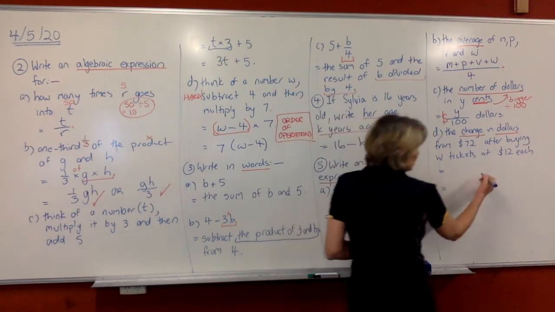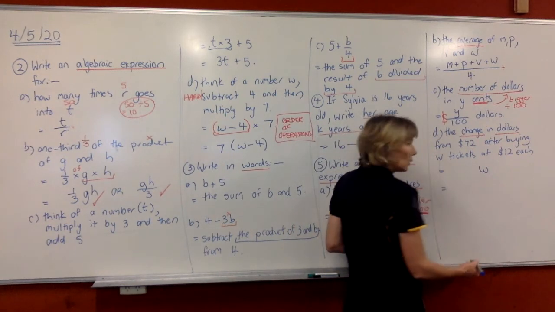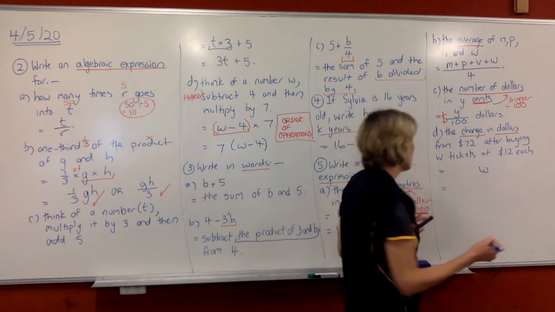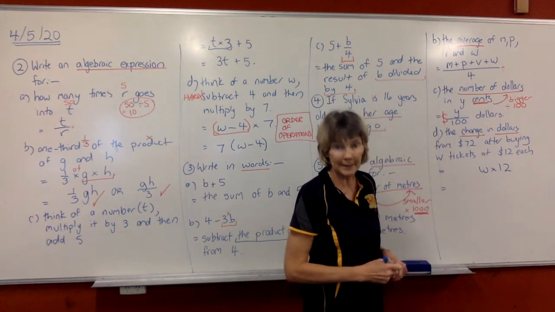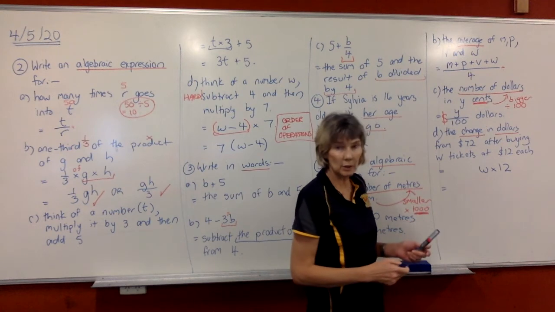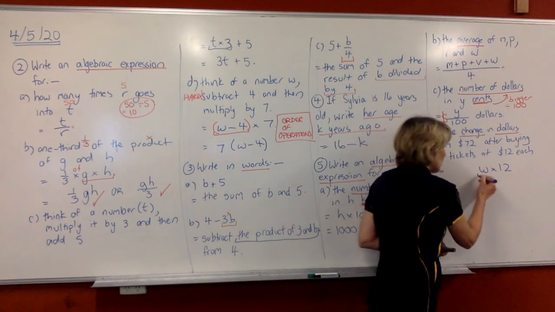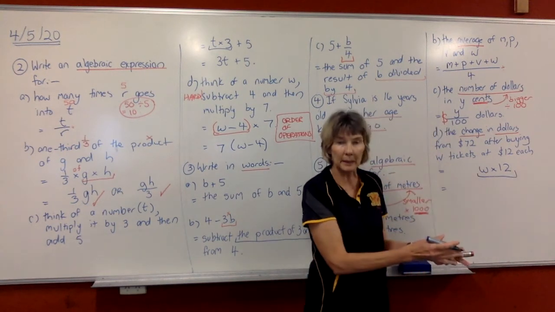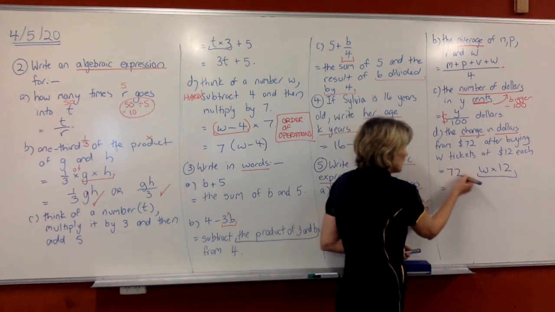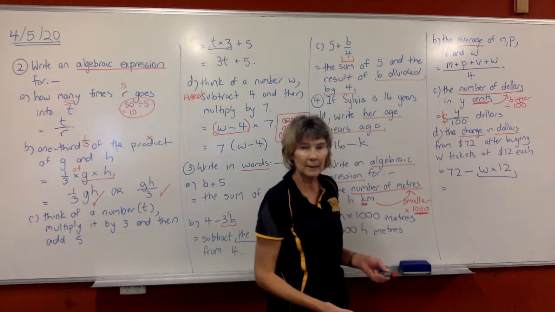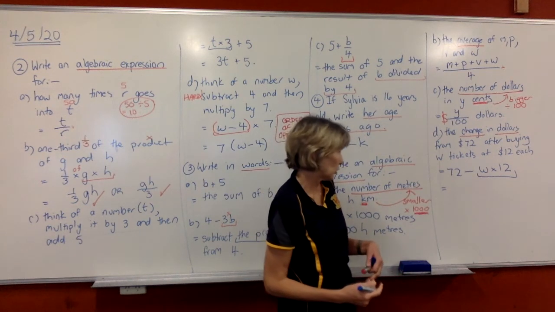So we have W tickets, $12 each, so we're doing W times 12. And that's how much we're spending. But we have $72, right? So we're paying $72 and we're going to subtract what we should be spending, and that will be our change.